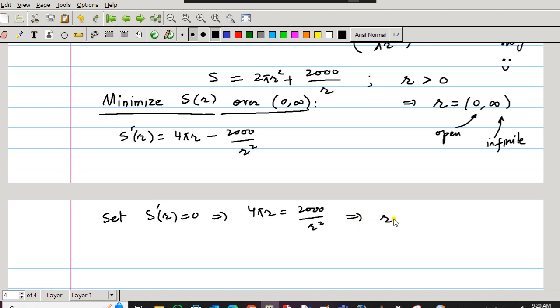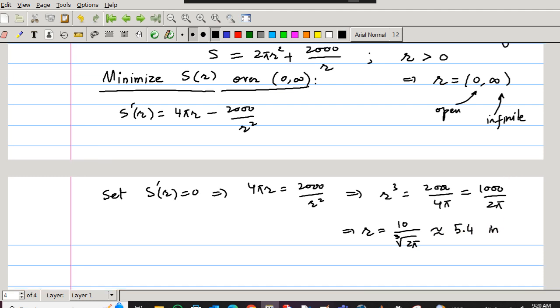So r cube is 2000 by 4 pi, which is 1000 by 2 pi, and taking the cube root, r becomes 10 over cube root of 2 pi. That is almost 5.4. That was the answer.